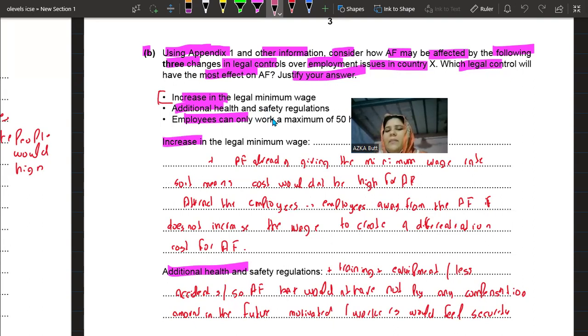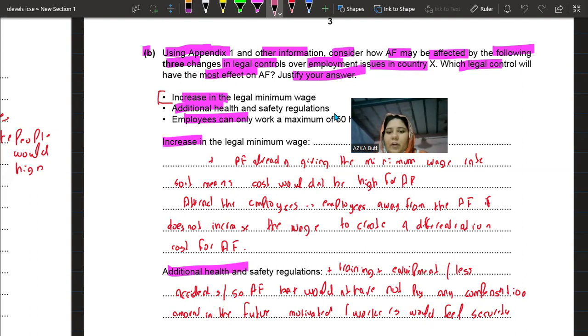And again, this can be related to the motivation of your employees, and also if there are fewer accidents, what does that mean? If you see most of the MNCs, and not only the MNCs but some local factories and businesses, whenever any accident happens in their production department, they have to compensate.